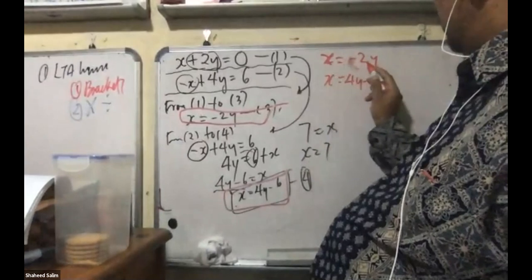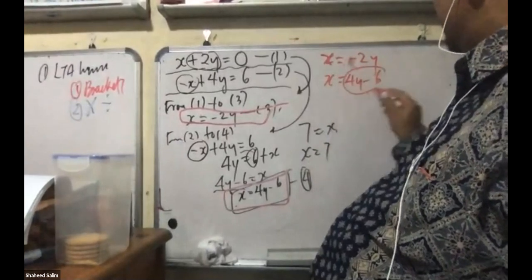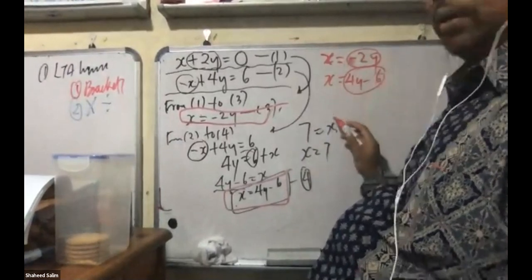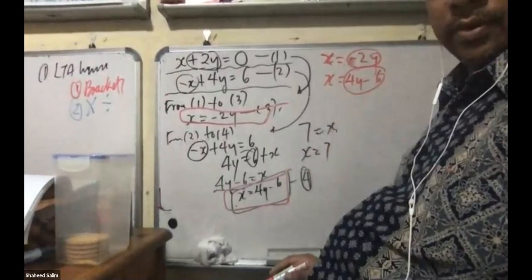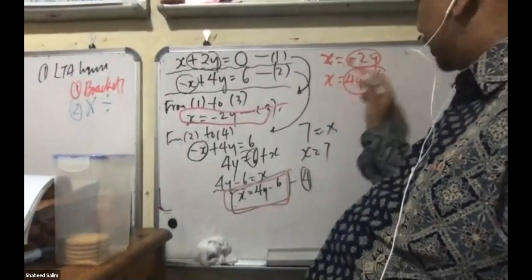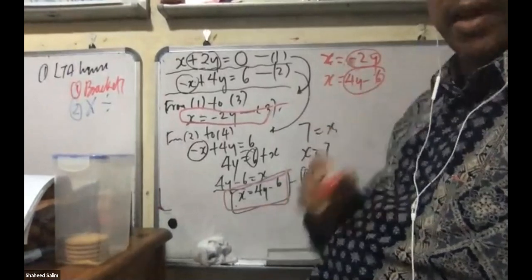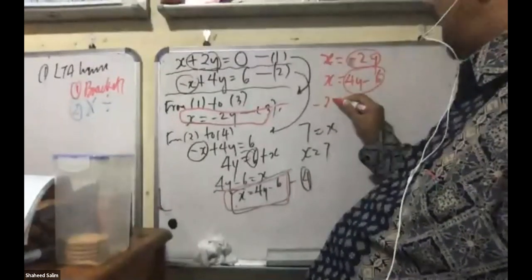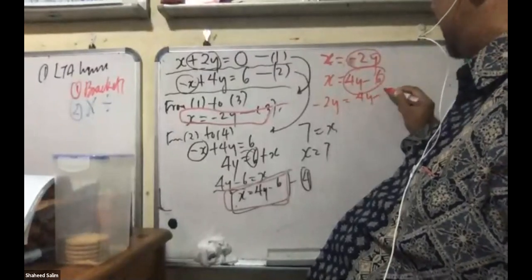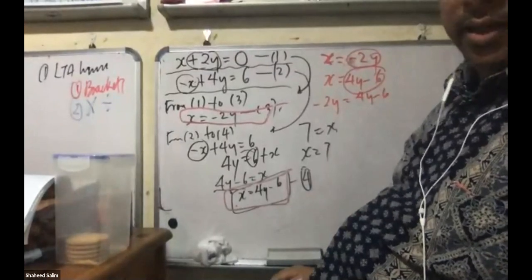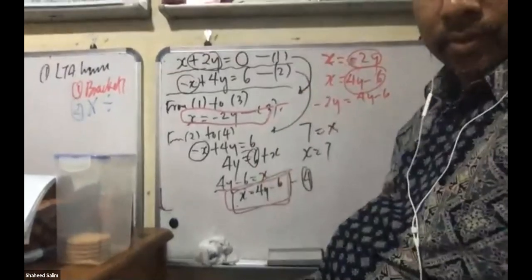This one is equal to x, this one is equal to x. That means these two must be equal, like just now. So I take minus 2y equals 4y minus 6. Can you see now? Then I go and solve.